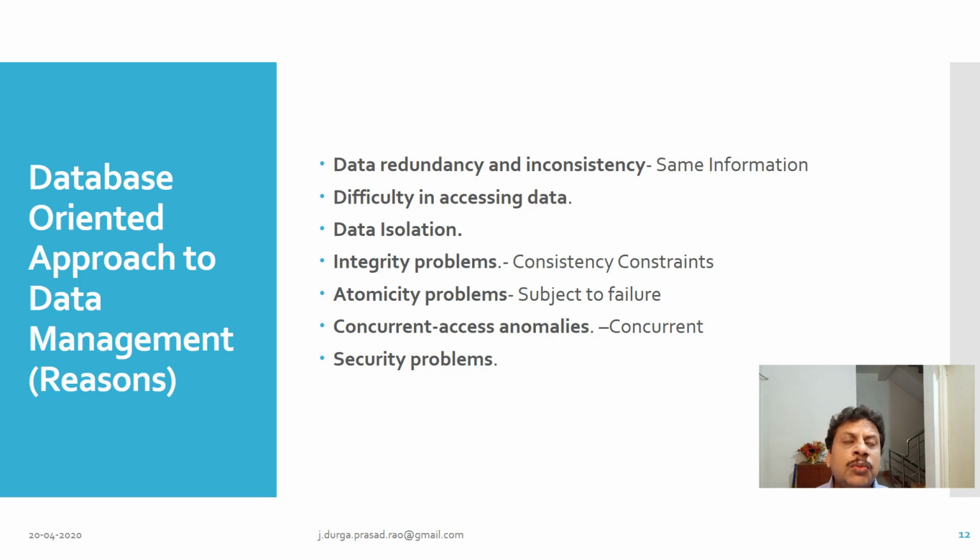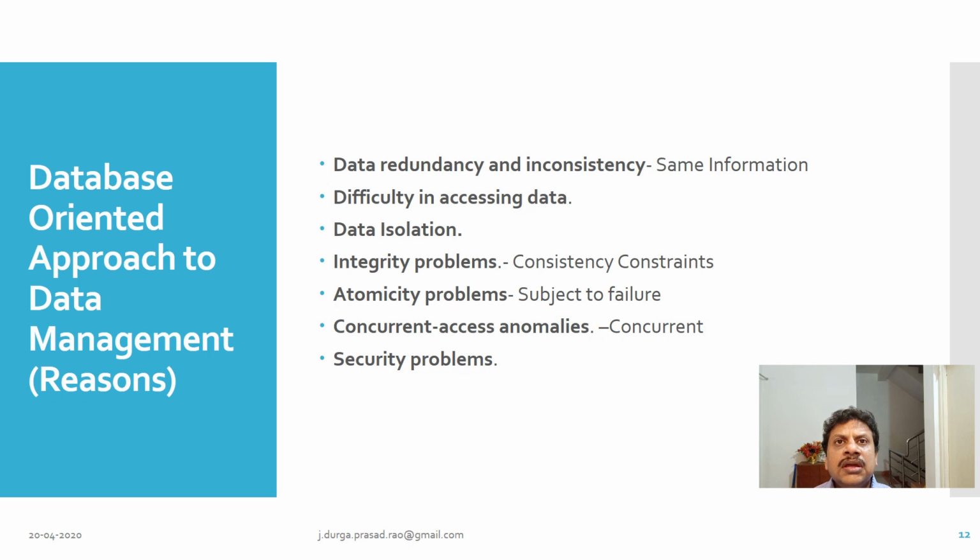Concurrent access anomalies. This is the topic which we are going to discuss next. For the sake of overall performance of the system and faster response, many systems allow multiple users to update the data simultaneously. In such an environment, interaction of concurrent updates may result in inconsistent data.